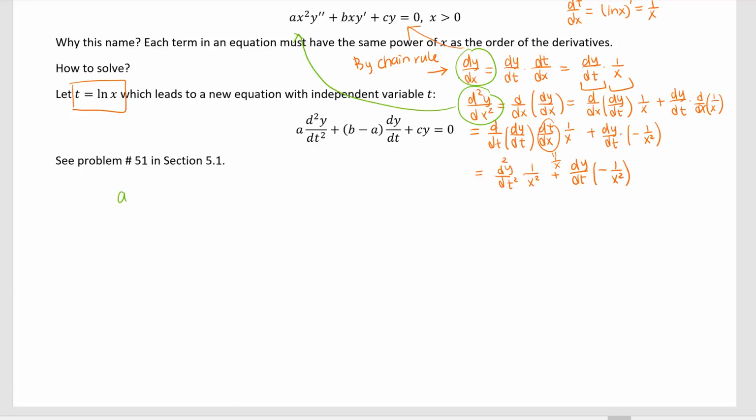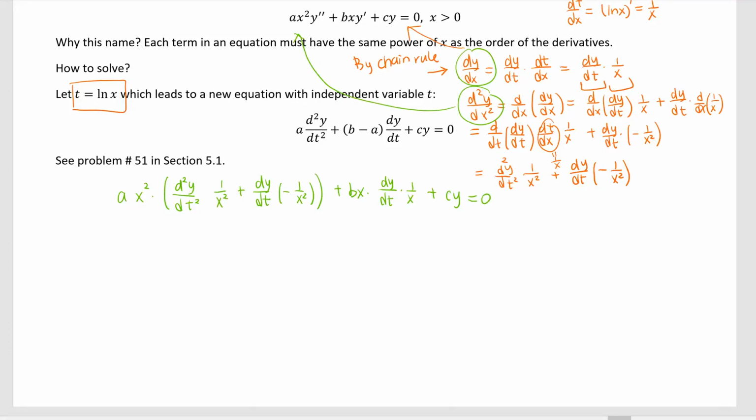We have a x squared y double prime, which was the derivative with respect to x. That is the second derivative of y with respect to t times 1 over x squared, plus dy/dt times minus 1 over x squared, plus bx times y prime. Y prime is dy/dt times 1 over x, plus cy equal to 0.